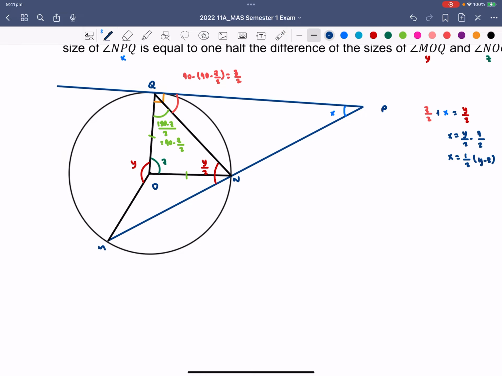So what information have I used? I can write down angle QNM is half angle QOM, which is half y, and the reason for it is angle at center double angle at circumference.